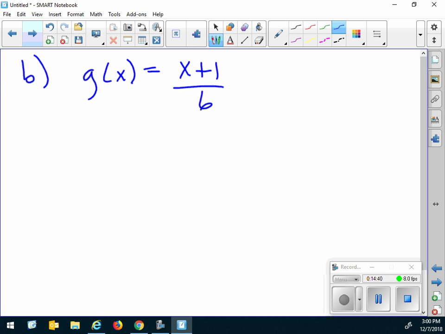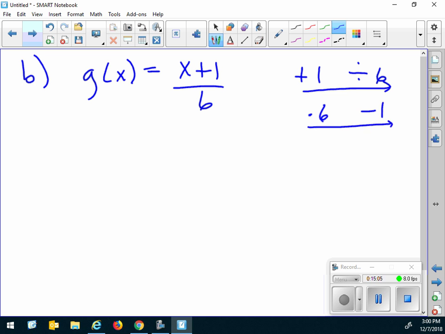Now, let's look at that number x. Let's think through this first so we can kind of plan. This is what I think I better get as an answer. What's happening to that x? In what order? We're adding 1 and then dividing by 6. So to undo that, and let's see if that's what happens, times 6.